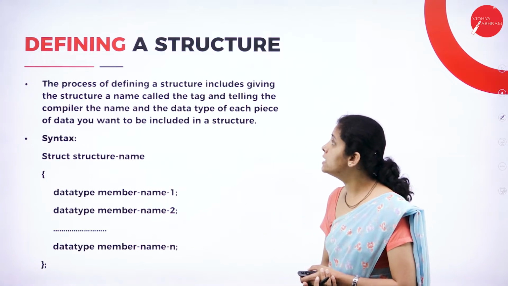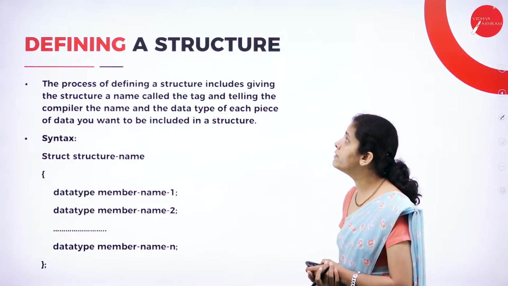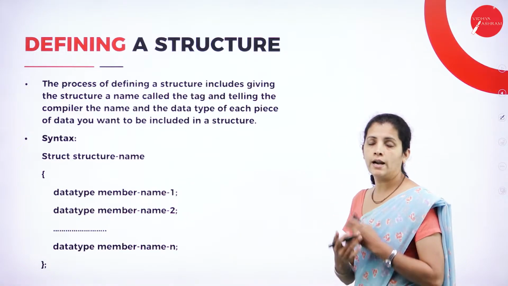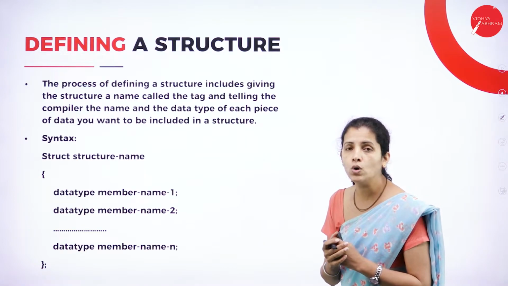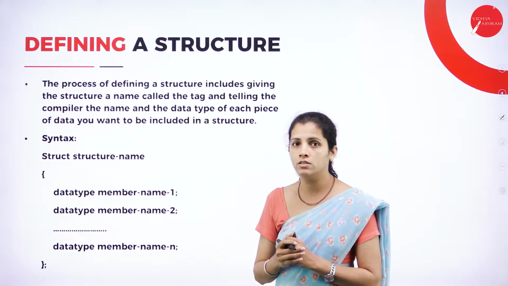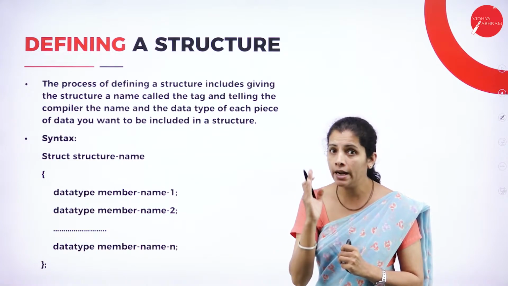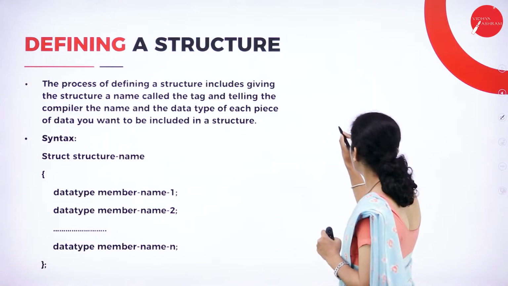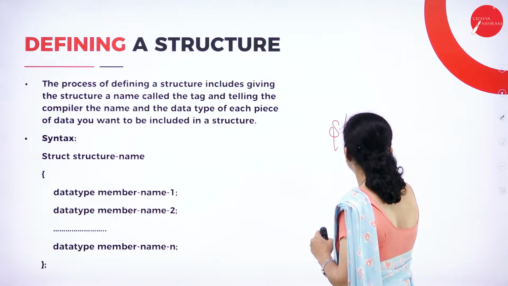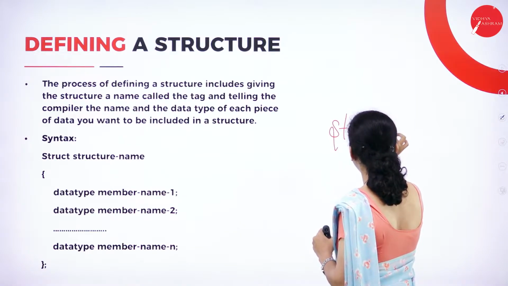Anyway, dear student, let's see how to define a structure and what rules I need to follow while defining a structure. To define the user defined data type structure, I want to use the struct keyword.